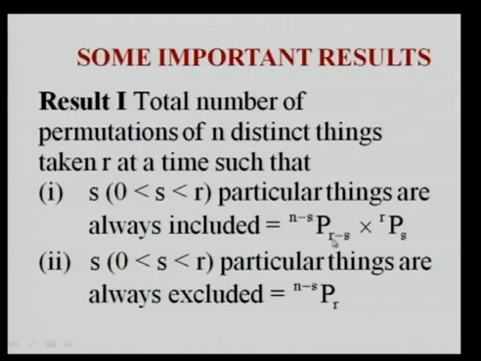So we have to select r minus s things out of n minus s things. But those s things can also be arranged in rPs ways. And if s particular things are always excluded, if we exclude s things that cannot be included, then we have to select r things out of the n minus s things.